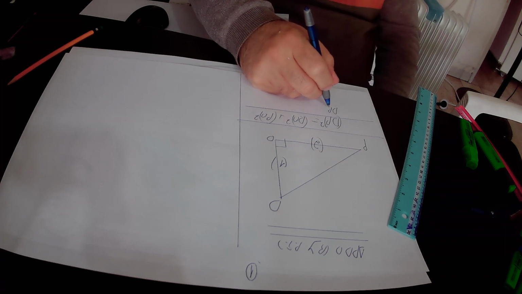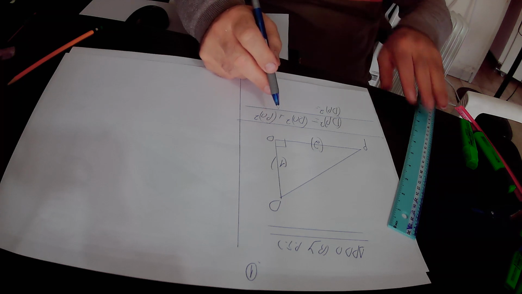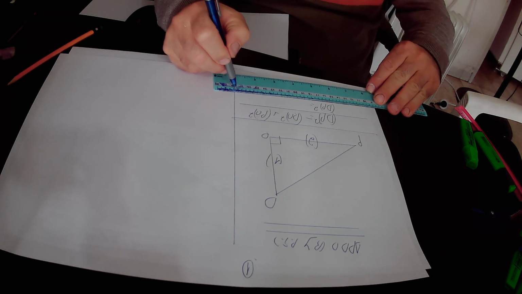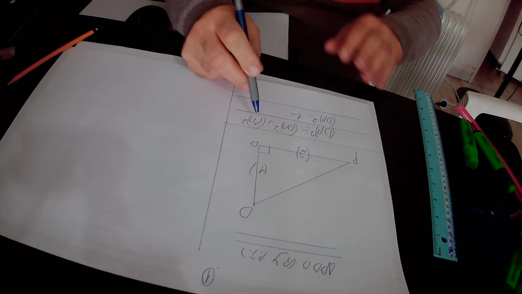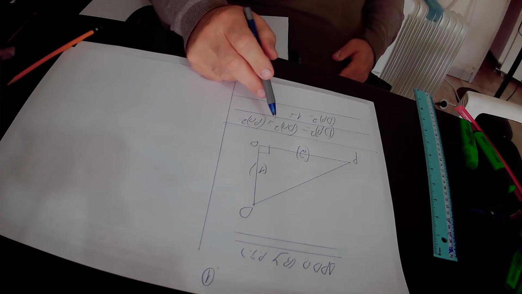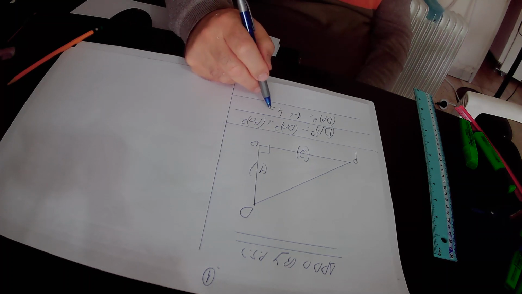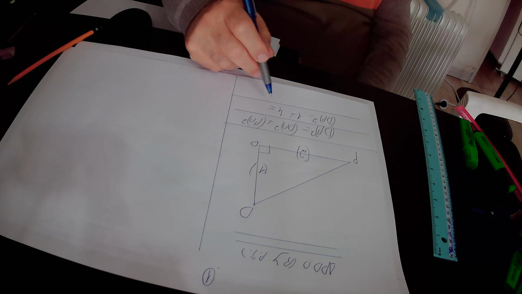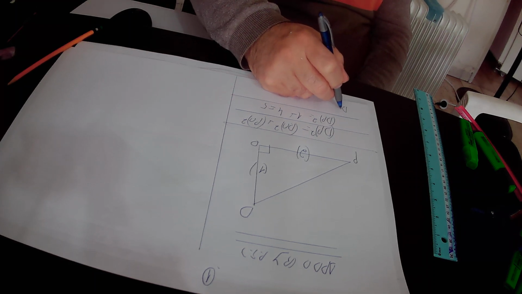So DP square equals DO square. DO is 1, therefore DO square is 1 square, that is 1, plus PO square. PO is 2, therefore PO square is 2 square, that is 4. So in total, we found that DP square equals 1 plus 4, that is 5.